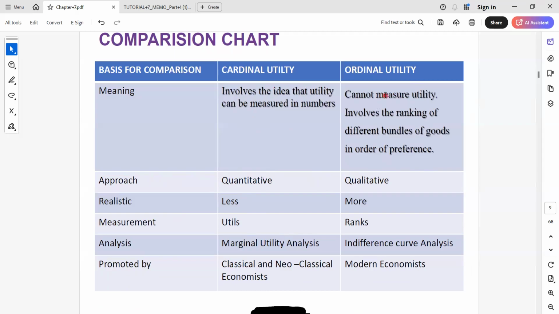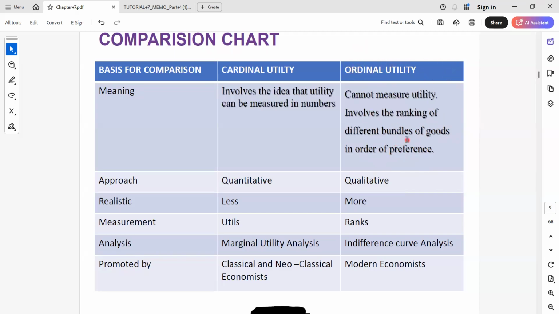And then for ordinal utility, they say we cannot measure utility, obviously because with cardinal utility we can measure utility. So this side, where we cannot measure utility, involves ranking. Can you see here? They don't say it's the idea that, meaning they're not making any assumptions. It involves the ranking of different bundles of goods in order of preference. Ordinal comes from the word ordering.